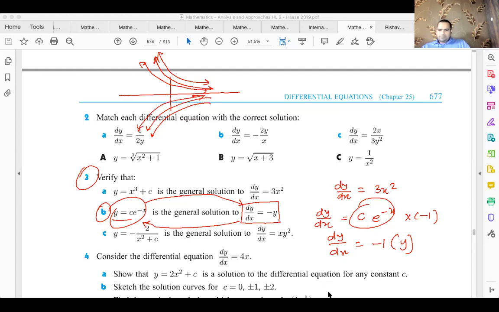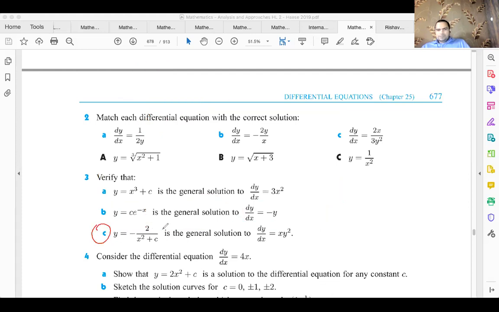Let's take one more example. Here it has been given that y equals negative 2 over x squared plus c. Show that the general solution of this differential equation is this. We're not solving yet, we're just going to differentiate this particular function. So y is negative 2 over x squared plus c, which we take as negative 2 times x squared plus c to the power negative 1, and then differentiate.